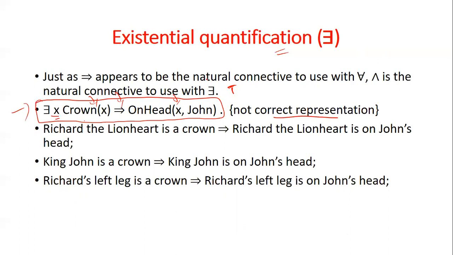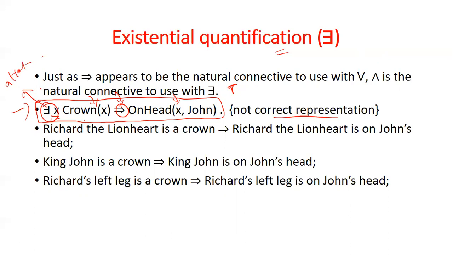But this is an existential quantifier. When you use implication, you will get true for all cases. But what is the meaning of the existential quantifier? There exists at least one case for which it is true.